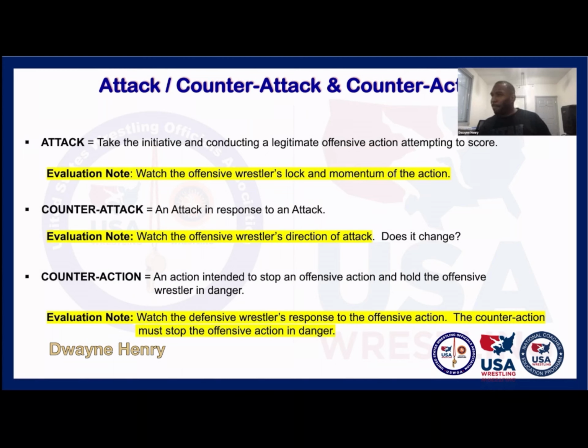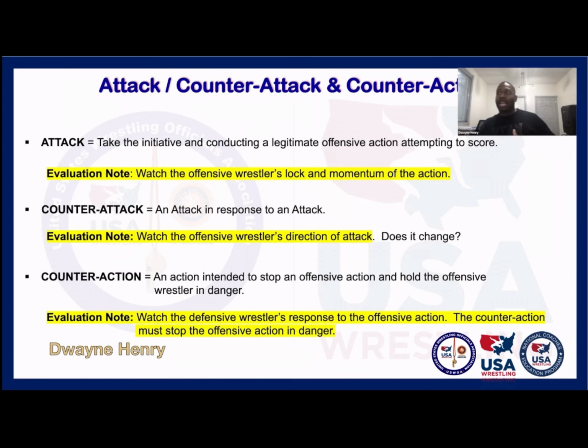Our attack situations are situations where an athlete takes initiative to conduct a legitimate offensive attempt to score. You can use as an example that I hit a double leg, head on the outside. I'm looking to run my head across the body and run the guy down, right? Some cues that lead you in the right direction may be watching the wrestler's lock and momentum, right?